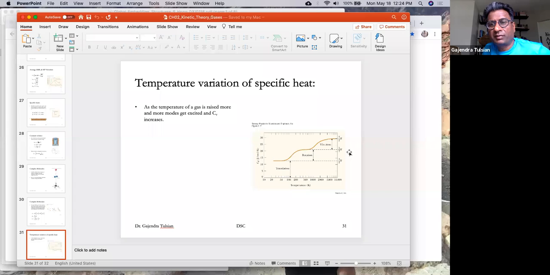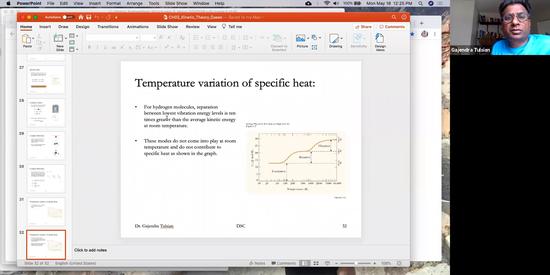So now it has 5 degrees of freedom, and CV is 5/2 R. Around 10,000 Kelvin, the vibrational degrees of freedom are excited as well, and so now CV is 7/2 R. So you can see that CV as a function of temperature is an interesting plot. It tells you how many degrees of freedom are in play for the molecule.